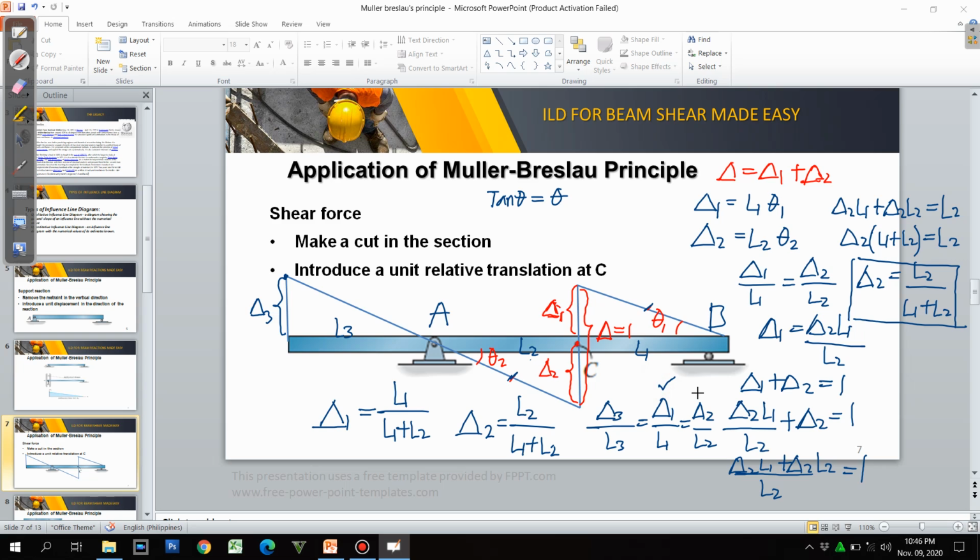So if this is known, then we can right away get the other unknowns here. Okay? So that is the ILD for the beam shear. That is the procedure for Mahler-Breslau, and it is quite simple comparing to what we have done in the previous procedure.